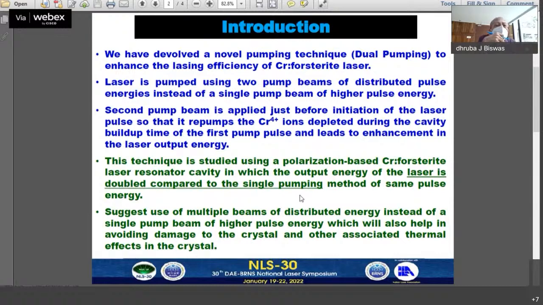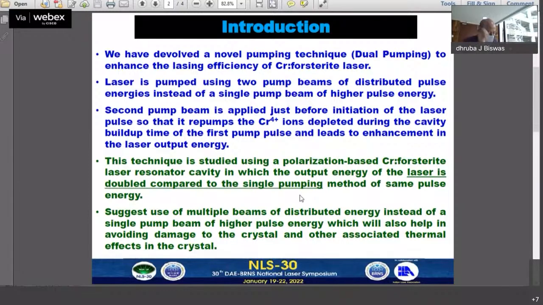In the conventional pumping technique, the gain medium is pumped with a laser beam, but the output energy is limited at higher pump pulse energy due to ground state population depletion. We have developed a novel pumping technique in which, instead of a single pump pulse of higher energy, we use distributed pump pulse energy.